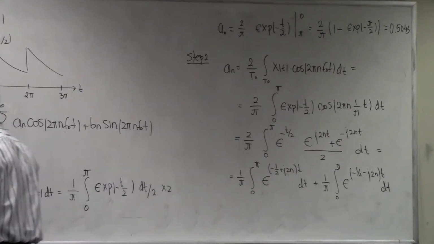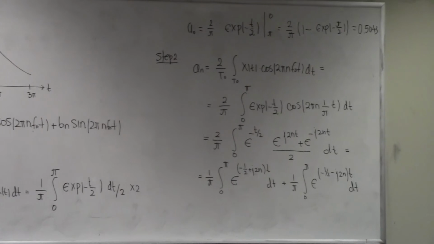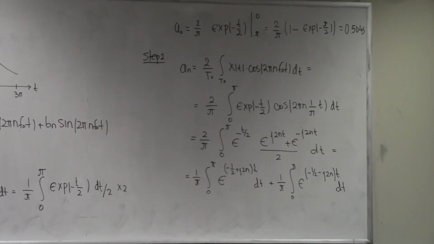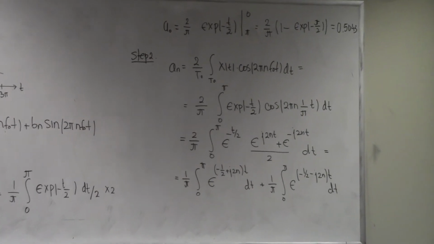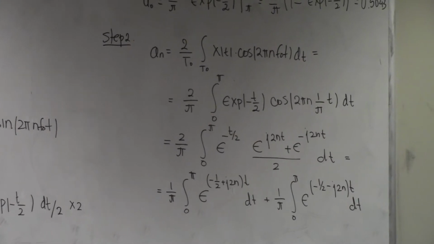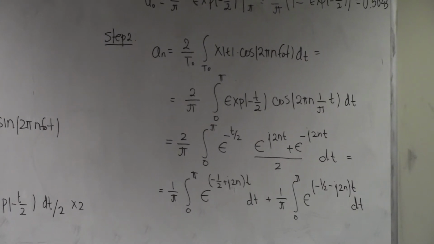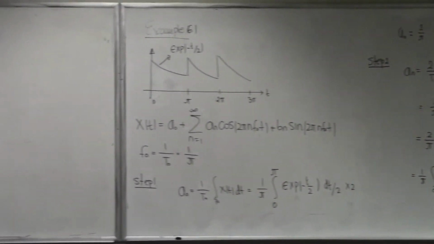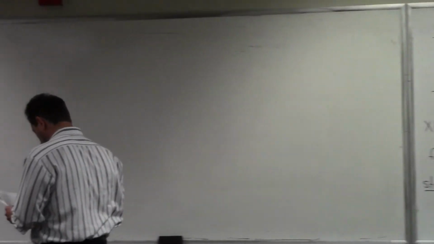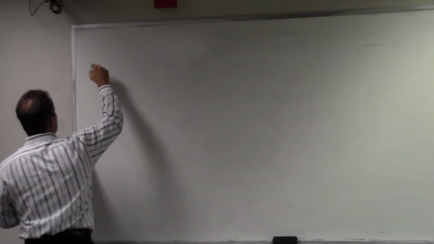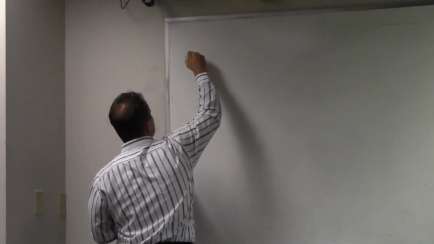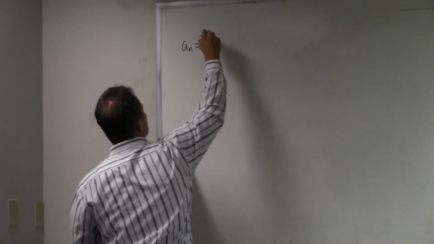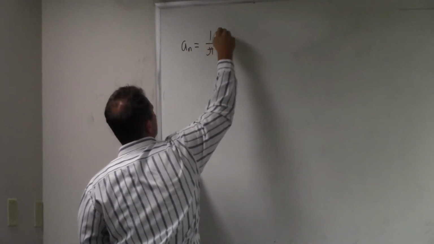Let's continue over here. So this an is going to be equal to 1 over pi from there.